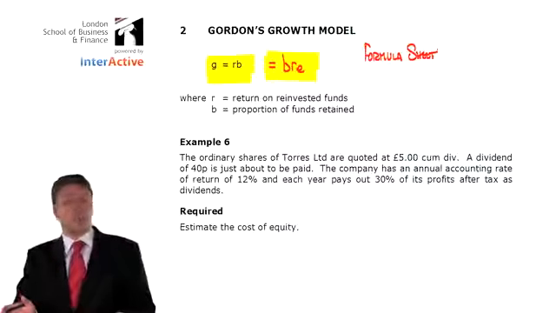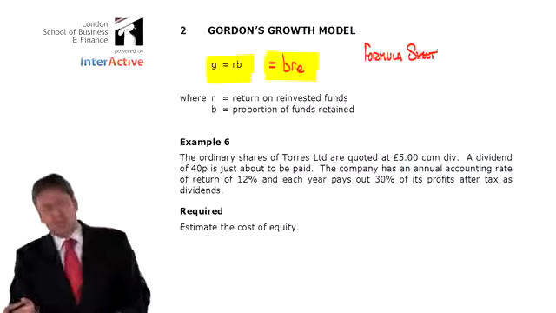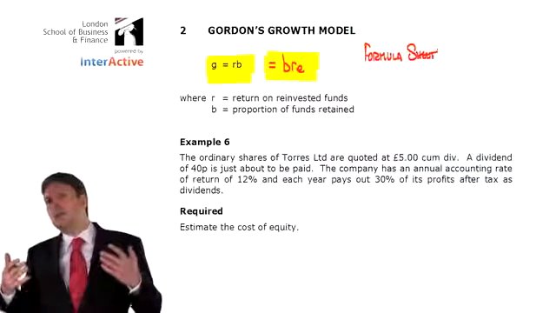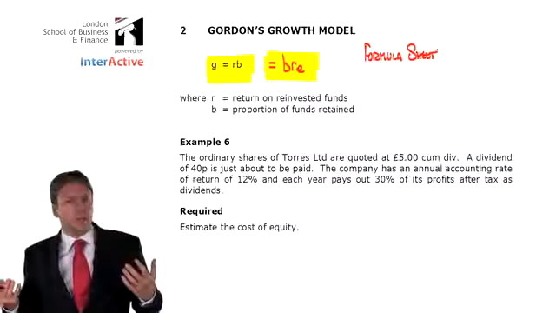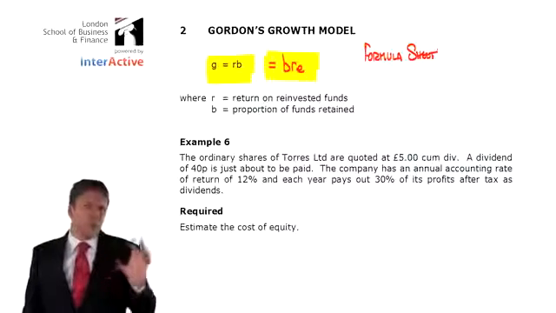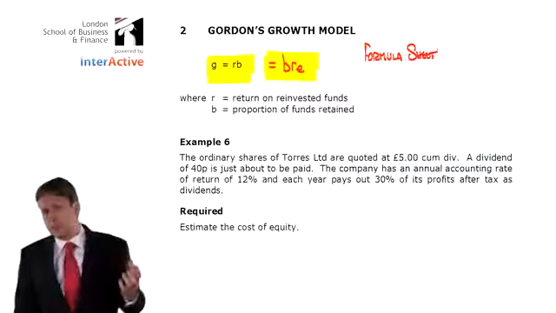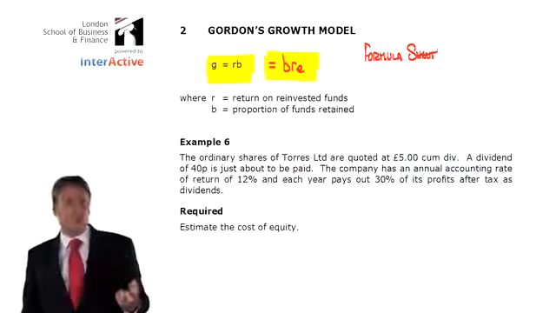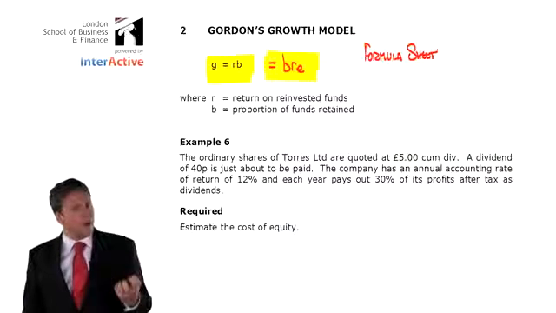So, what does r mean? What does b mean? Well, when we look at Gordon's growth model, it's a very basic idea. Some would say it's very weak, and we'll talk about possibly why Gordon's growth model could be criticised. But what we tend to find is that the model itself is often a very good approximation of growth.